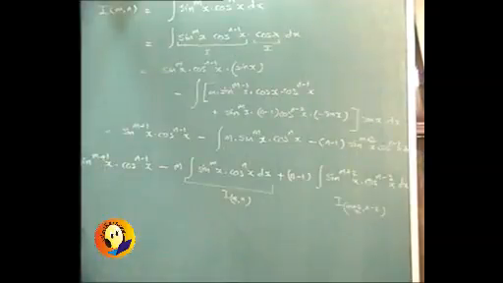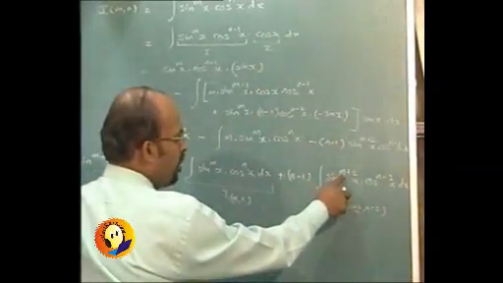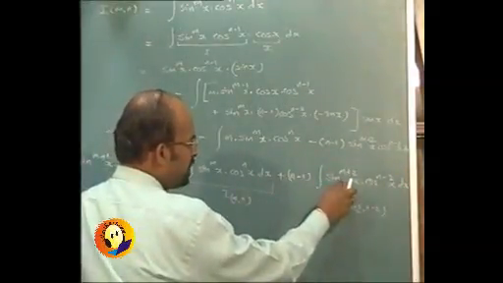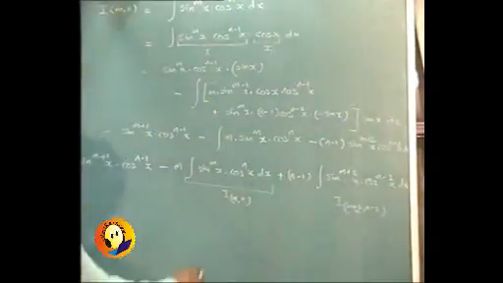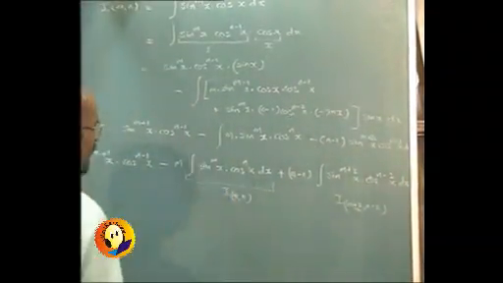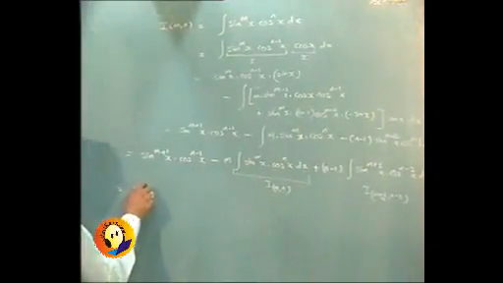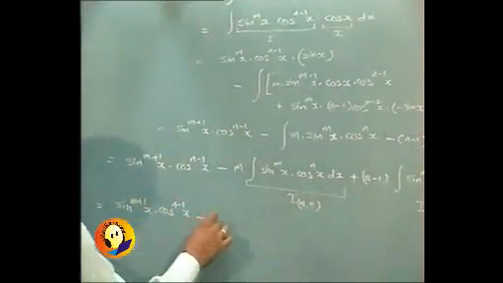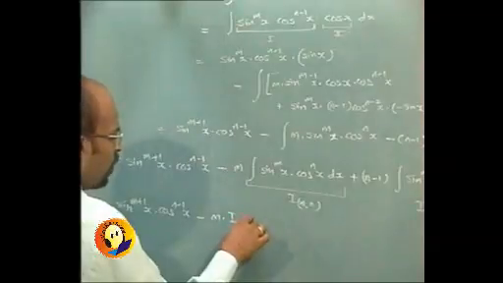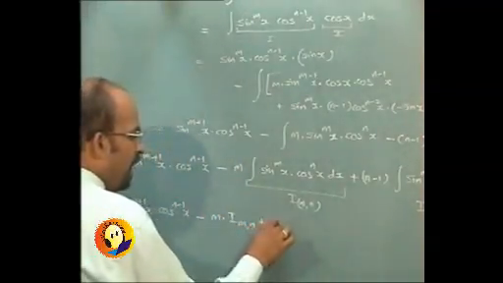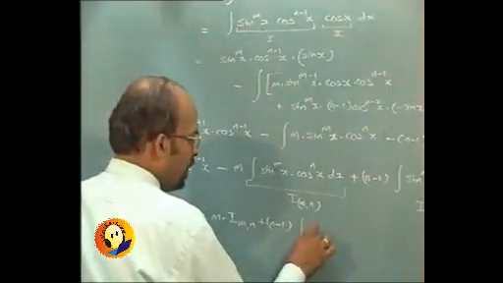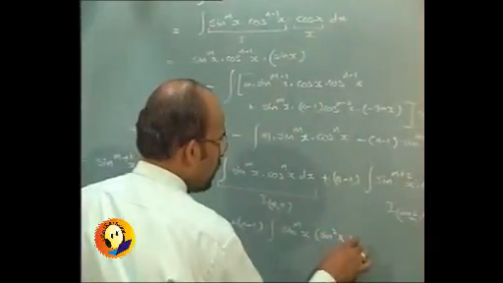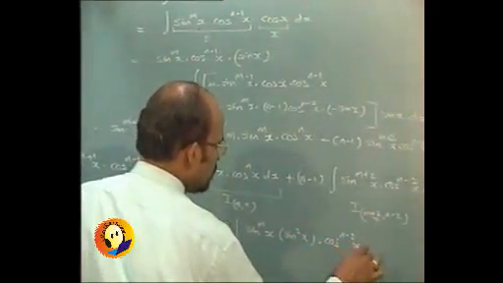So let us go for separating out this sin raised to m plus 2 x as sin raised to m x into sin square x, and then writing this sin square x as 1 minus cos square x, whereas in the next step I will be writing this as I(m, n). So this will be sin raised to m plus 1 x into cos raised to n minus 1 x minus m I(m, n) plus n minus 1 integral, it will be sin raised to m x into sin square x into cos raised to n minus 2 x dx.